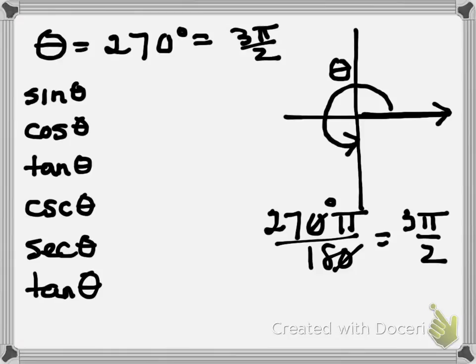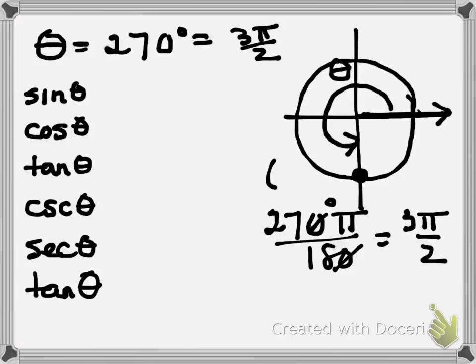The radius of this unit circle is 1. And then we want the coordinates of this point. So we have the point where x is equal to 0 and y is equal to -1. And the radius of the circle is 1. It's the unit circle. So we have the sine is y over r, or -1 over 1 is -1.